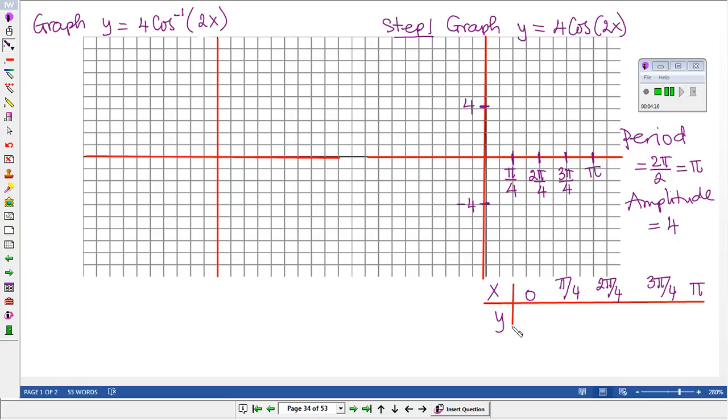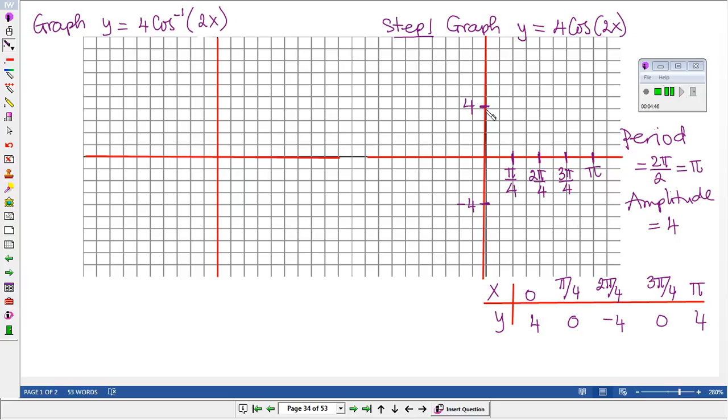I'll just leave it right there for you. For the cosine, there is no reflection, no phase shift, and no vertical shift. So if we remember the pattern of cosine, it starts with the y maximum. In this case, my y maximum is 4, and then 0, y minimum negative 4, and then 0 and y maximum. So if we connect the 5 points, it looks like a V.